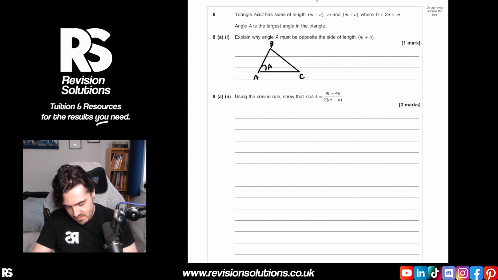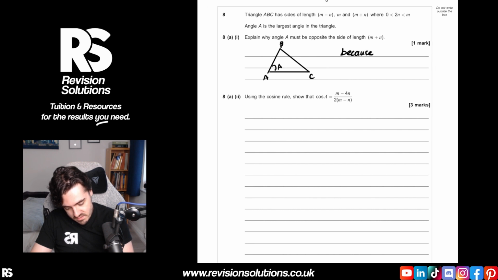So to make angle A bigger, we'd like a bigger side for BC. So to make it the largest angle, we need to make it the largest side. And checking the sides, m plus n definitely would be bigger than m, and m minus n, if n and m are both positive. So m plus n must be opposite because m plus n is the largest side.